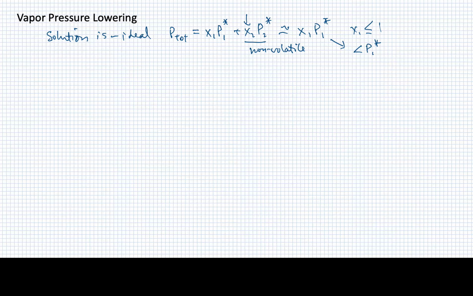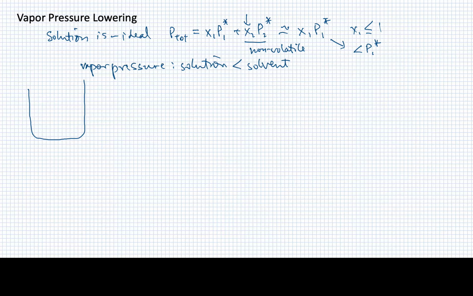So how can we understand this in a very physical way? What we're predicting is that the vapor pressure of the solution is going to be less than that of the solvent by itself, and vapor pressure lowering certainly already suggests that to us. If I were to consider a beaker full of some solution, I'll make my dilute solute be these dark particles that I'm drawing in here.